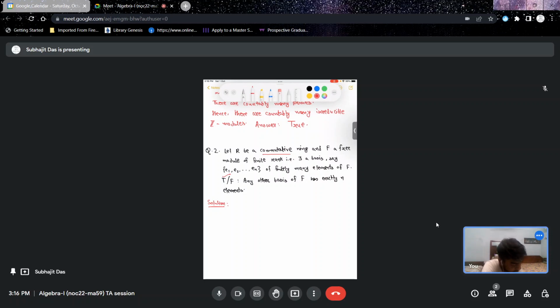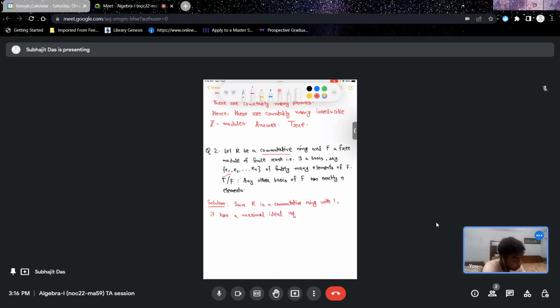So first of all, since R is a commutative ring with 1, it has a maximal ideal M, that we know, right?